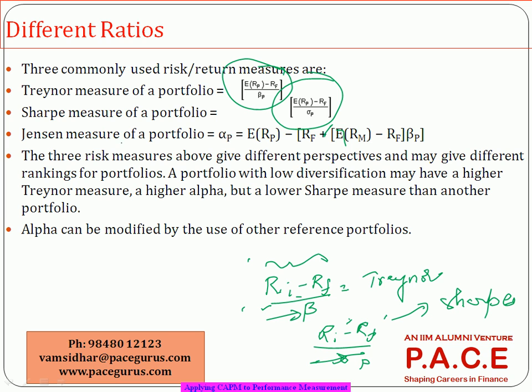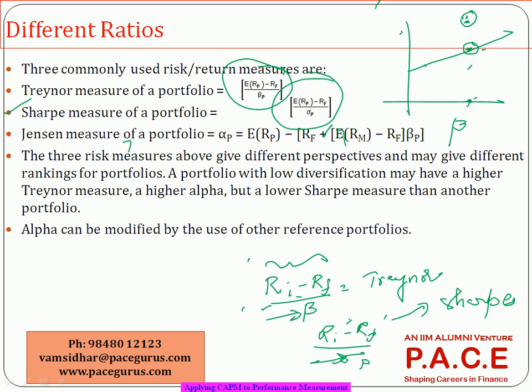And there is one more measure called Jensen alpha. As per our SML, when I drew the diagram, I said that if the beta of the security is this much, it should give me this much of a return. But it has given me this much. This is the actual return which the security or the portfolio has given, whereas this is what is expected as per the CAPM equation or the SML graph.